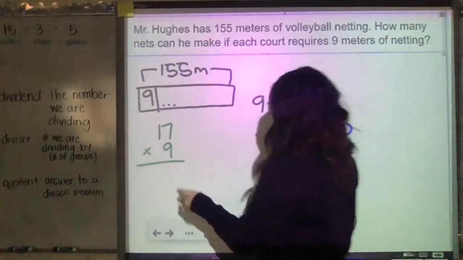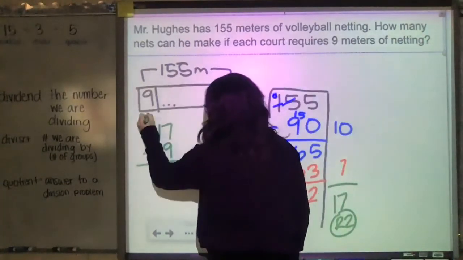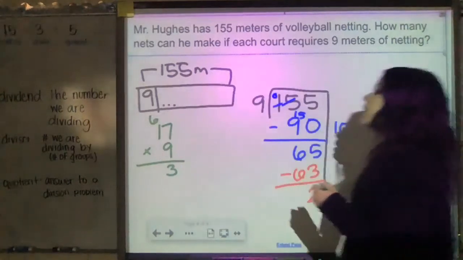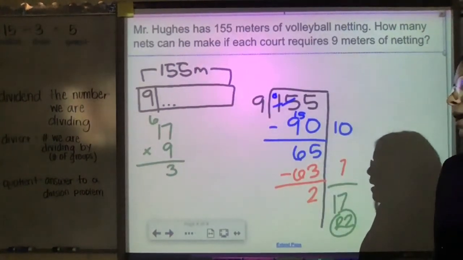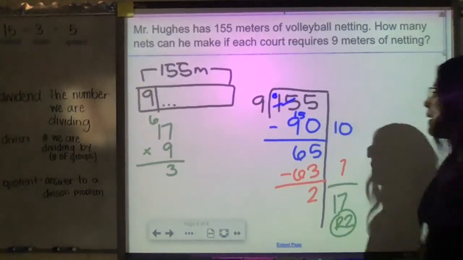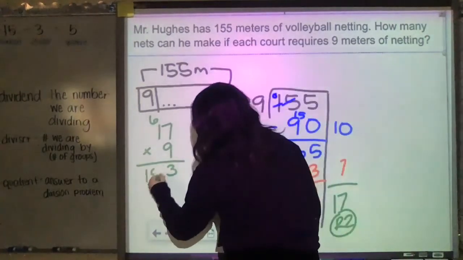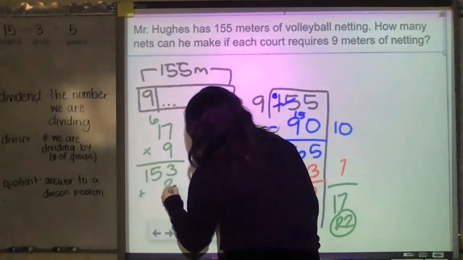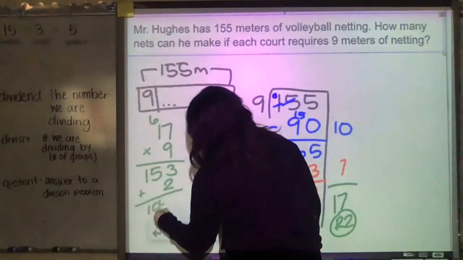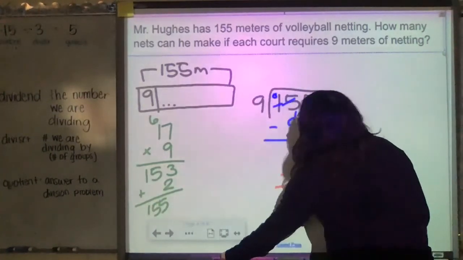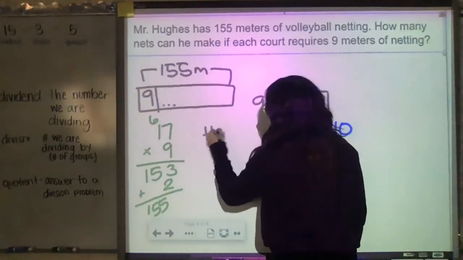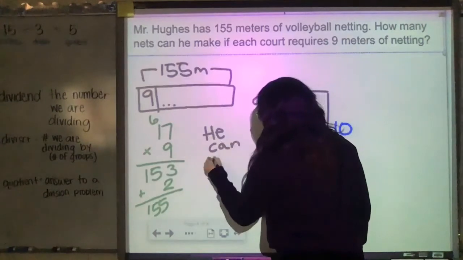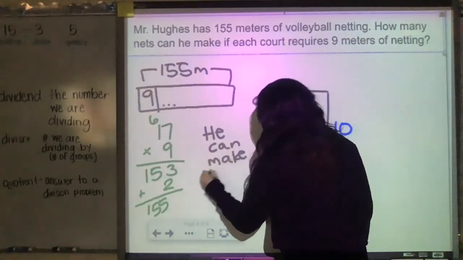It is 63. 3 ones, I carry my 6 tens over. 9 times 1 ten is 9 tens, plus 6 more gets me 15 tens. I add on my remainder and I get 155. The answer is correct. He can make 17 nets.